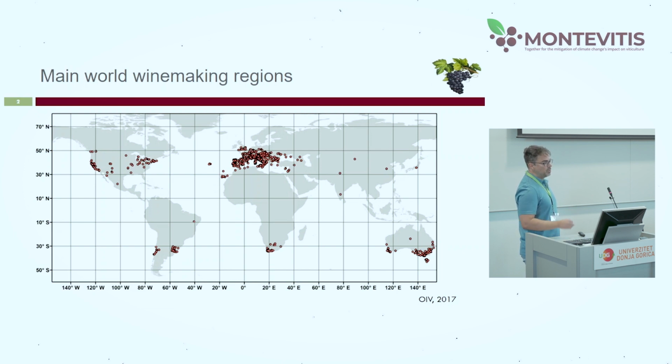But if we look closely, you'll see that they are in specific latitudinal regions, and we are going to discuss why. The vineyard area around the world is 7 million hectares, and the wine production in 2017 was around 275 million hectoliters.